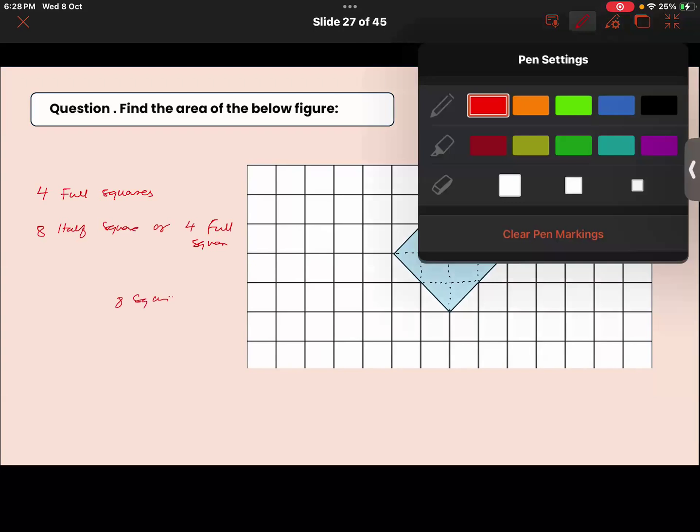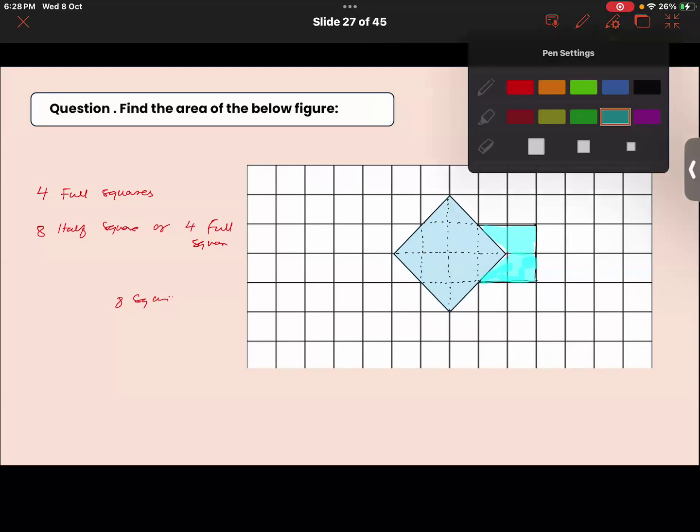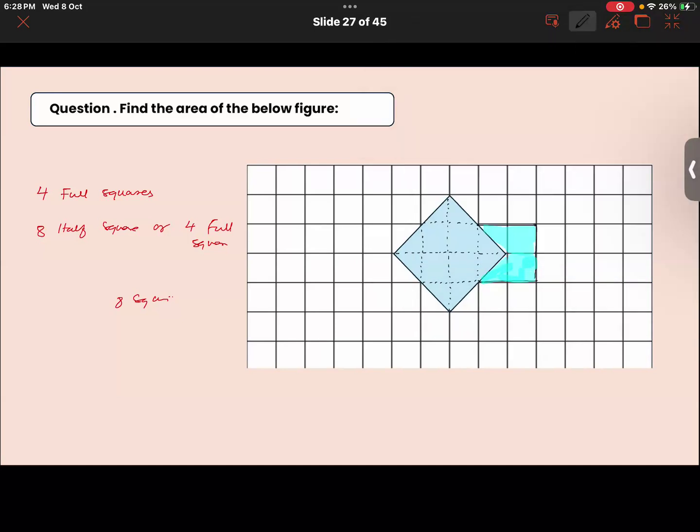Okay, very good. And now suppose I were to make some changes in it. Suppose this much of area has been included in it, the one which I am going to highlight here. Now you tell me what's the new area? 2 full squares will be 13.